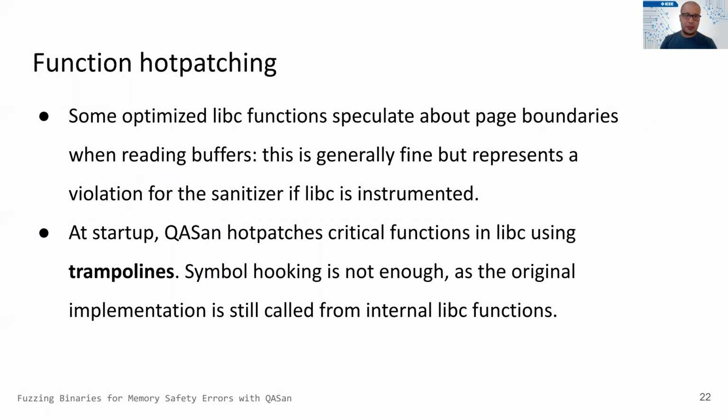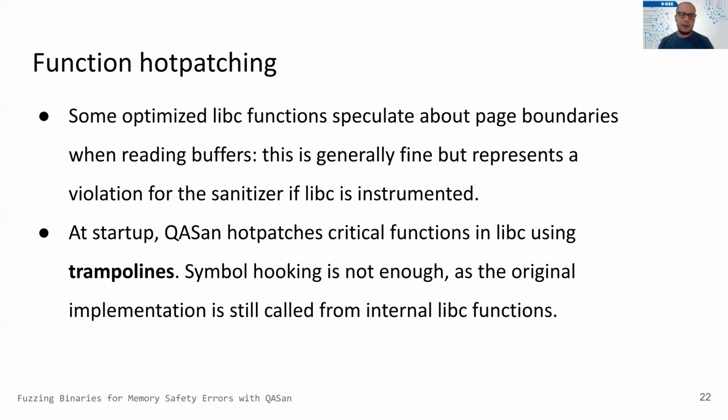We also patch some functions at runtime, because hooking symbols using the dynamic loader is not enough: the libraries will continue to use the internal functions, not the hooked versions. And we want some functions never to be used.